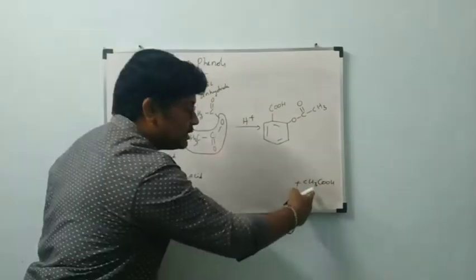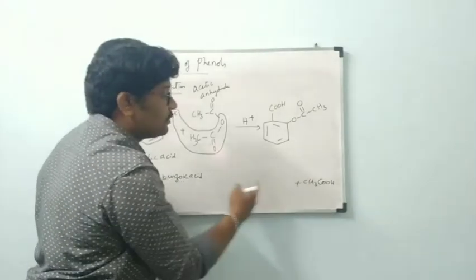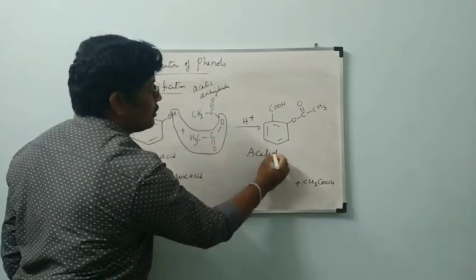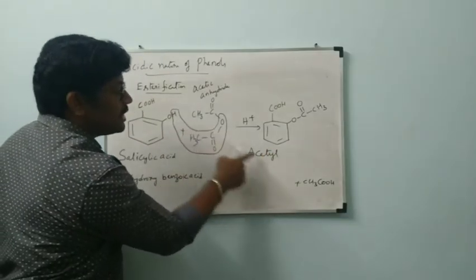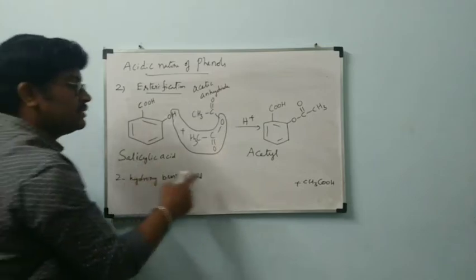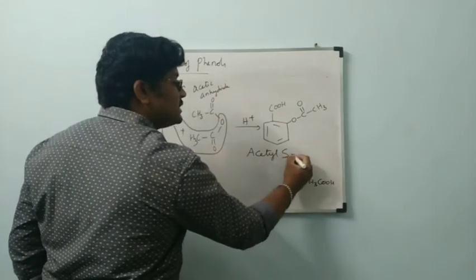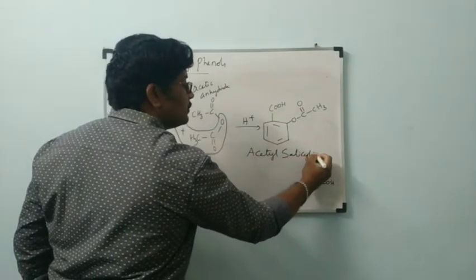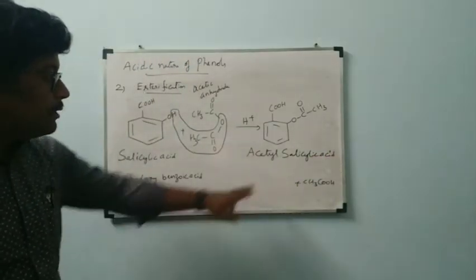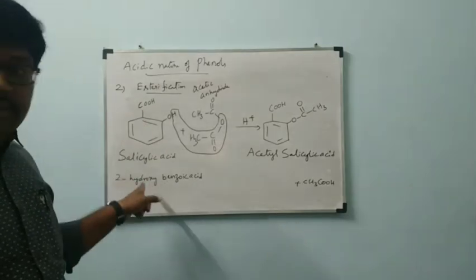To write the name, I gave a little gap and wrote here. Now what is the name of this one? CH3CO is called acetyl. It is present in salicylic acid. That's why this is called acetyl salicylic acid. This is salicylic acid.